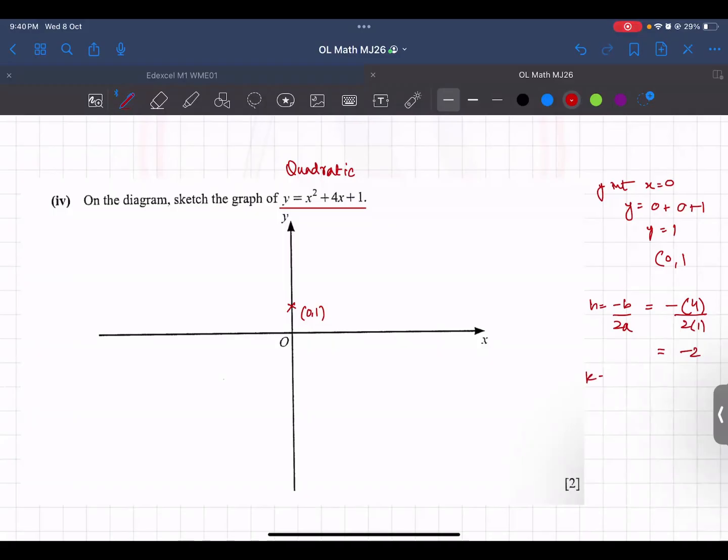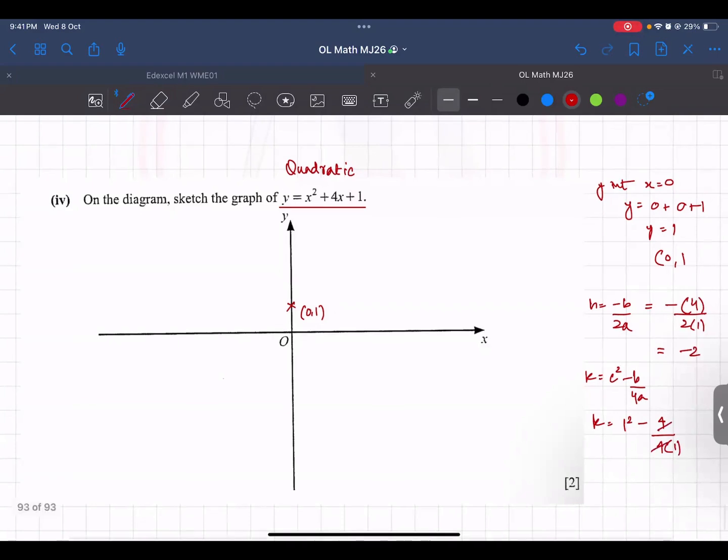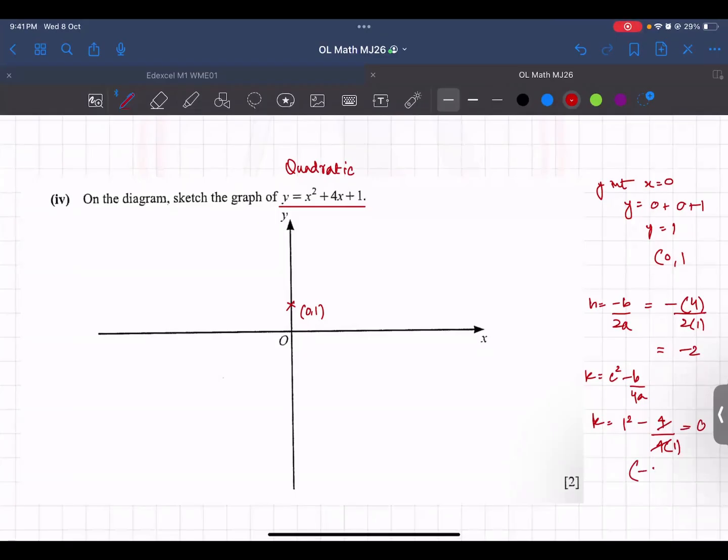And your k is c minus b square upon 4a. So c is 1 minus b square is 16 upon 4 times 1, so 4. 1 minus 4... so your turning point is -2, 0.